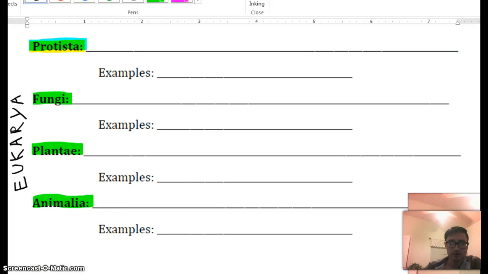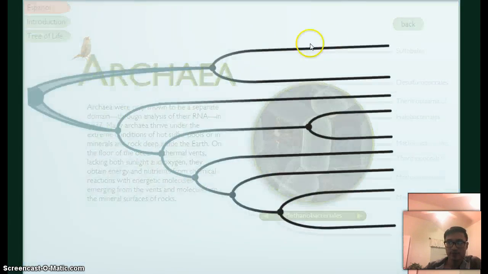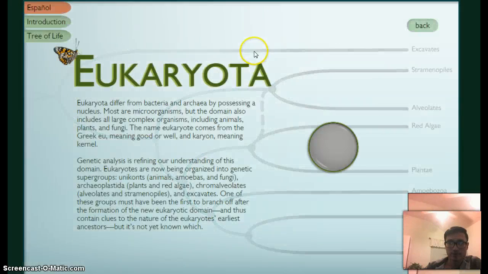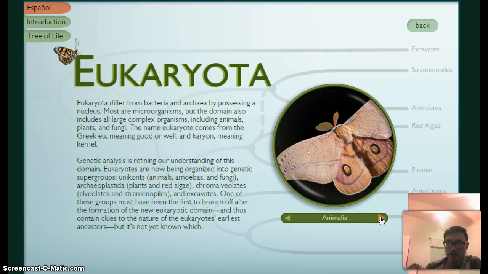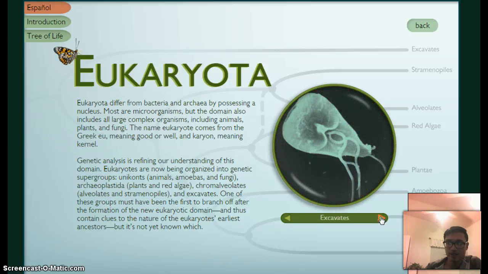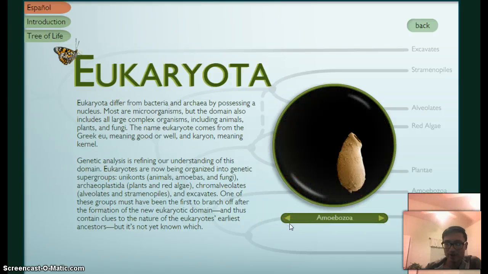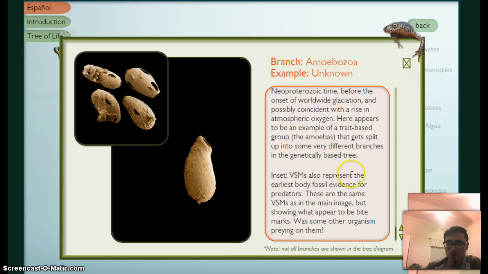And so when we look at Protista, let's check this out here. We have fungi, we have unknown branches, we have animalia. Okay, here we go. So we got some pretty interesting stuff. All right, amoebozoa. Amoebozoa is going to be a branch from eukarya domain, and this branch are going to be protozoans.